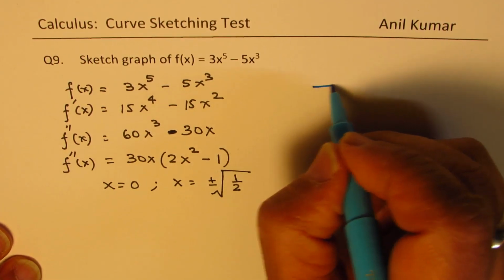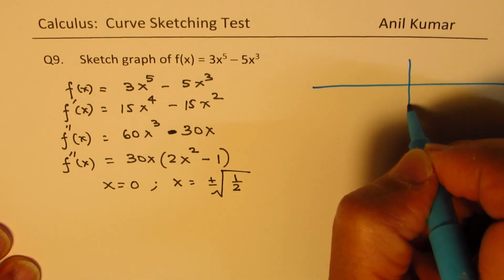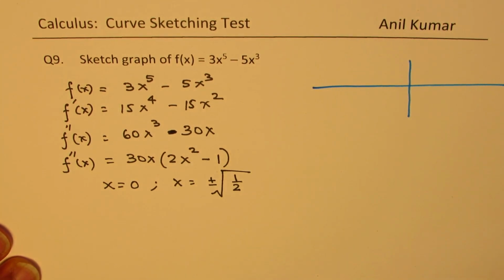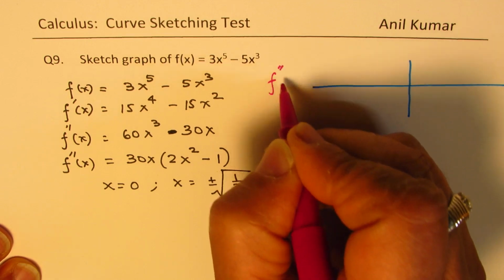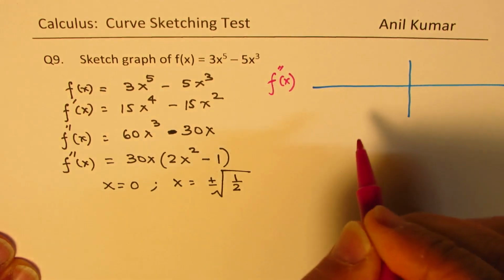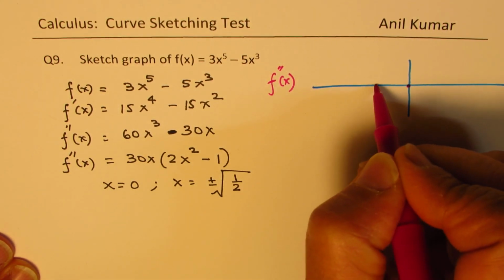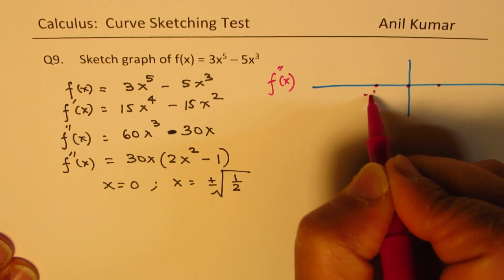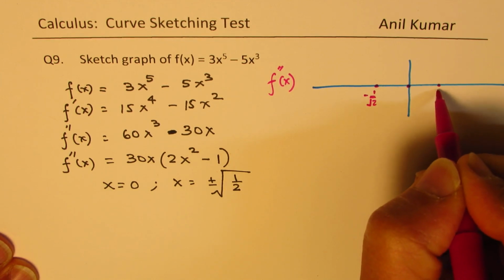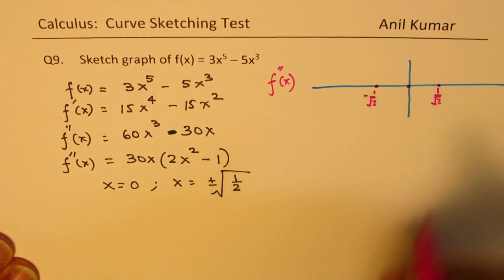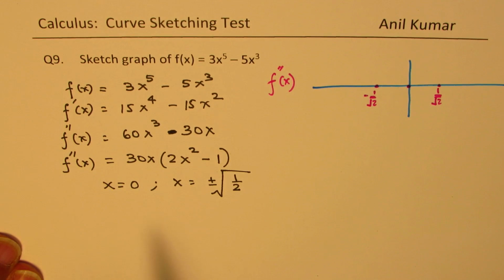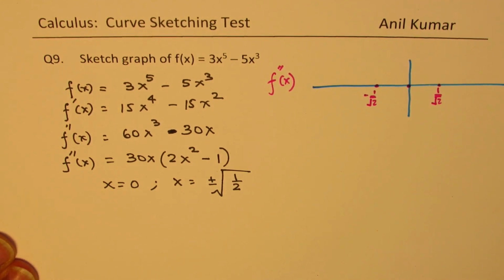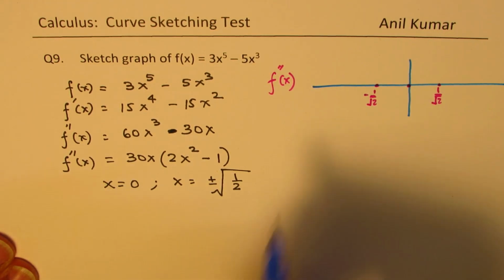Let's try to analyze this second derivative here. So we have 3 zeros, one at 0, the other two at plus and minus 1 over square root 2. So minus 1 over square root 2, then plus 1 over square root 2. These are the two. Okay. Now I could write this second derivative as, so what we'll do here is we'll write these three factors.